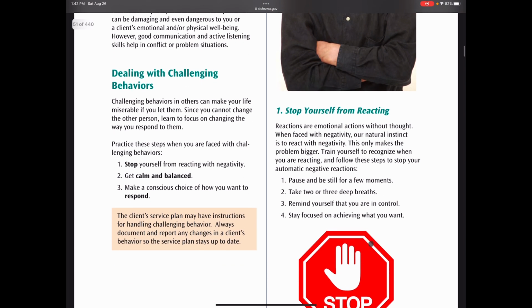Practice these steps when you face challenging behaviors. Stop yourself from reacting with negativity, get calm and balanced, and make a conscious choice of how you want to respond. This is how you answer challenging behavior: stop, calm and balance, and respond.